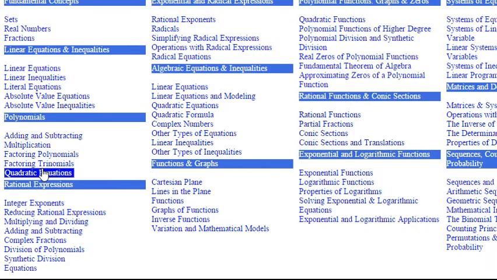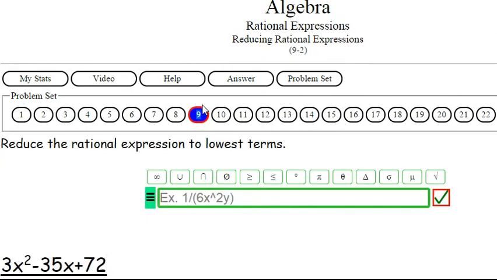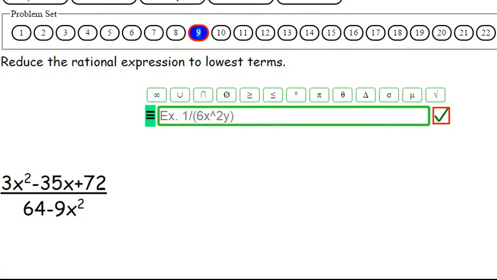Go up to Algebra, let's go down to Reducing Rational Expressions, and we're looking at 9.2.